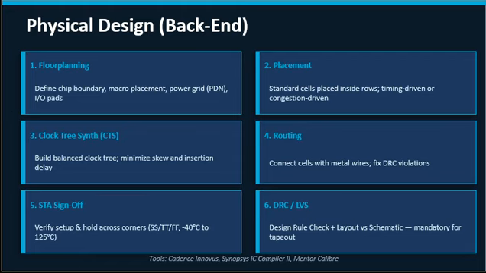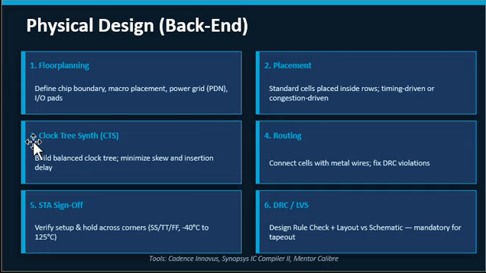Then we have the physical design, that is the backend. First we do the floor planning, in which we define the chip area, macro placements, and IO pads. Then we have the placement, in which we place the standard cells, including gates like AND, OR, NOT, and all the standard gates we have.